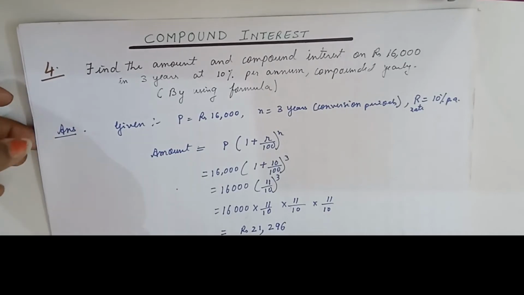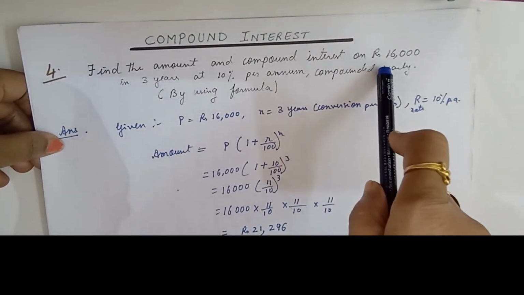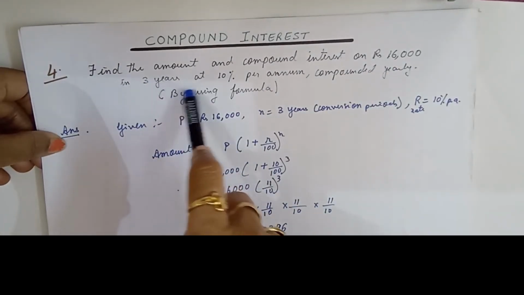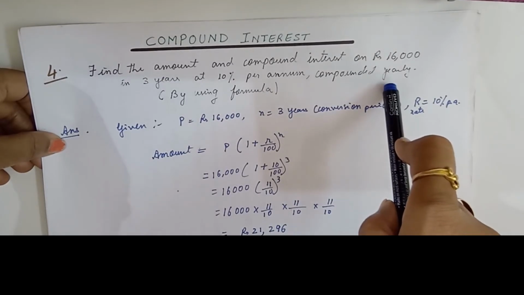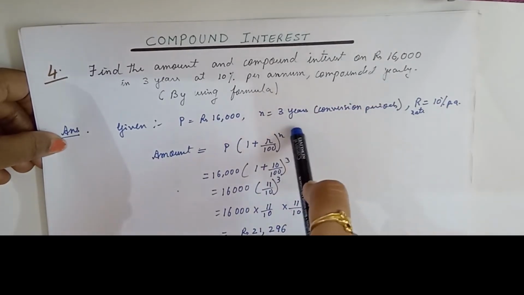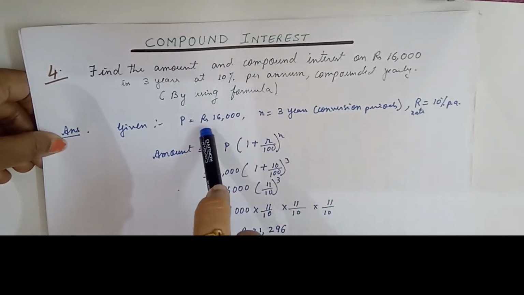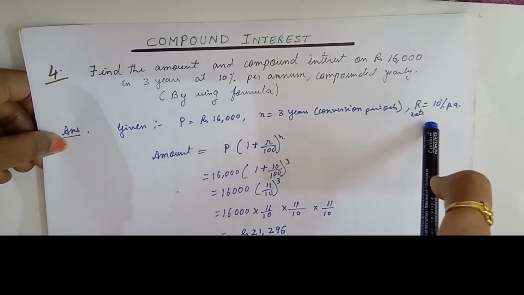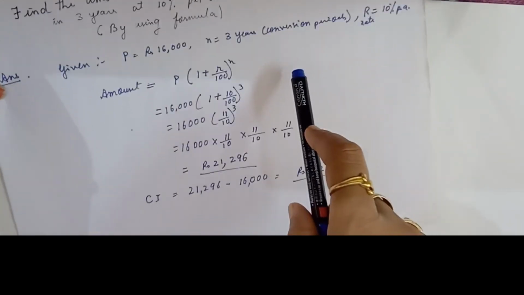Question number 4. Find the amount and compound interest on rupees 16,000 in 3 years at 10% per annum compounded annually or yearly. That means there are 3 conversion periods. So principal P, n represents the conversion periods, rate small r 10%, by formula method.